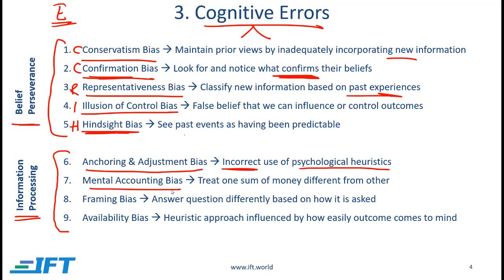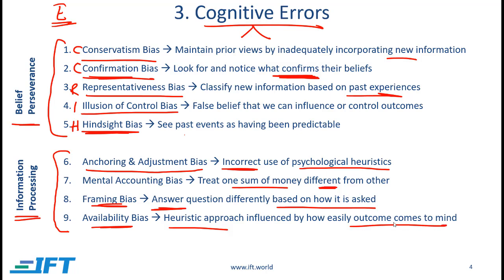Mental accounting bias is where someone treats one sum of money different from another sum of money. A framing bias is where a person might answer a question differently based on how it is asked. And availability bias is where a heuristic approach is influenced by how easily an outcome comes to mind.